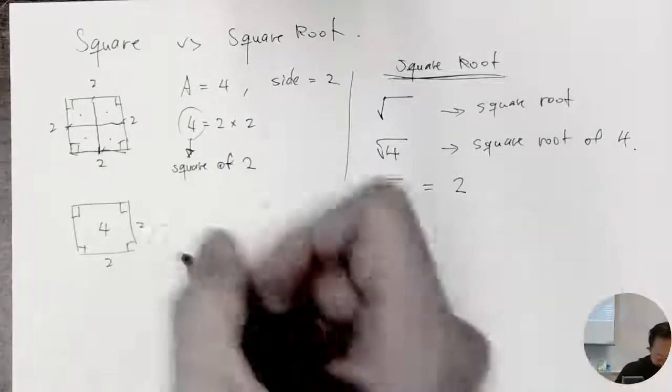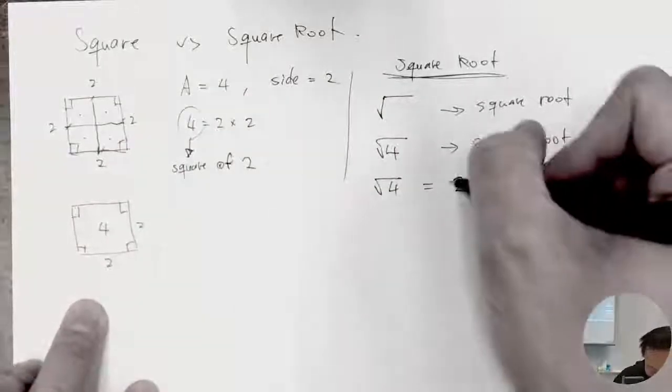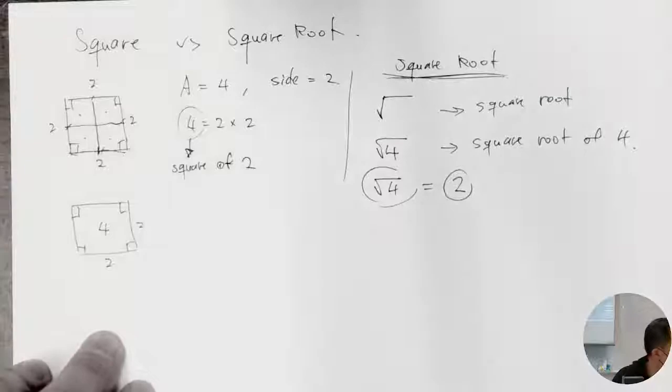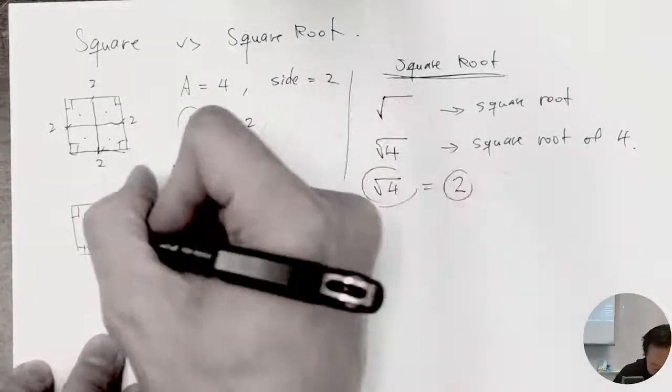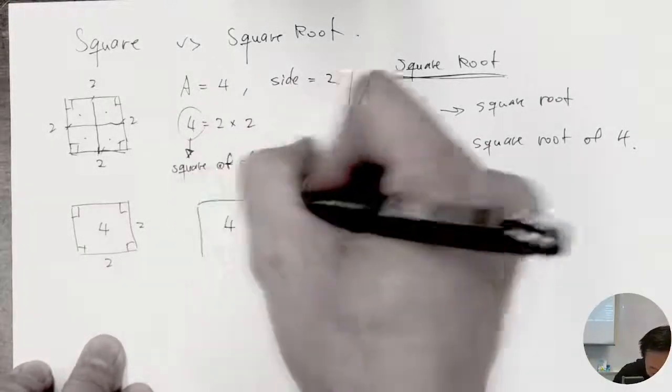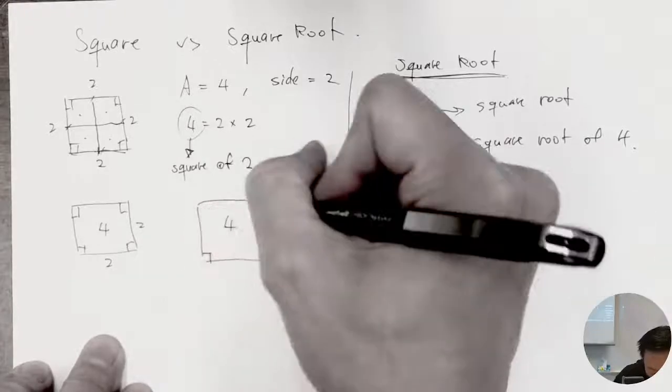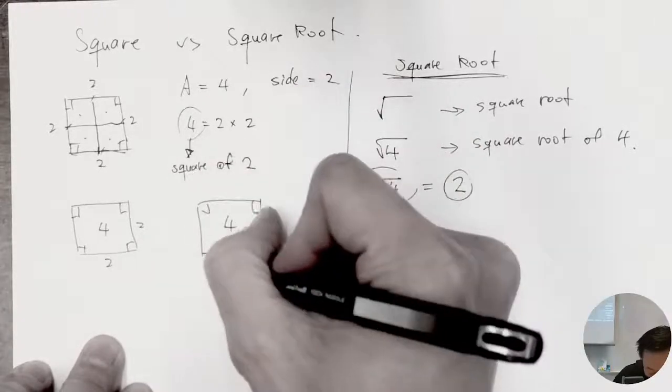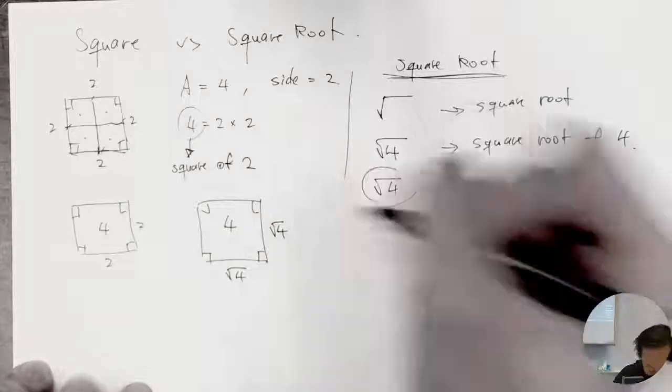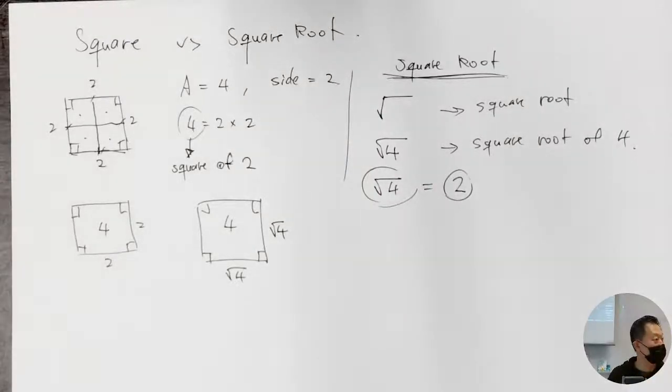Okay, so if 2 is identical to square root 4, then I can rewrite this. What's the measure here on the side? Square root 4. I can also write it that way, can't I? Yeah. Okay, so we are learning a new symbol.